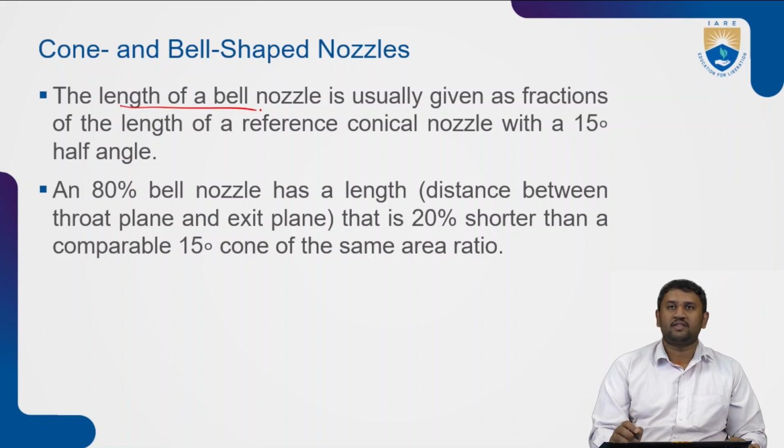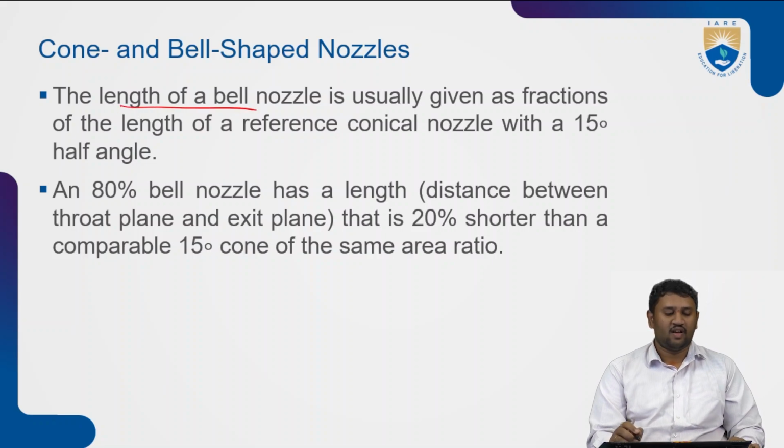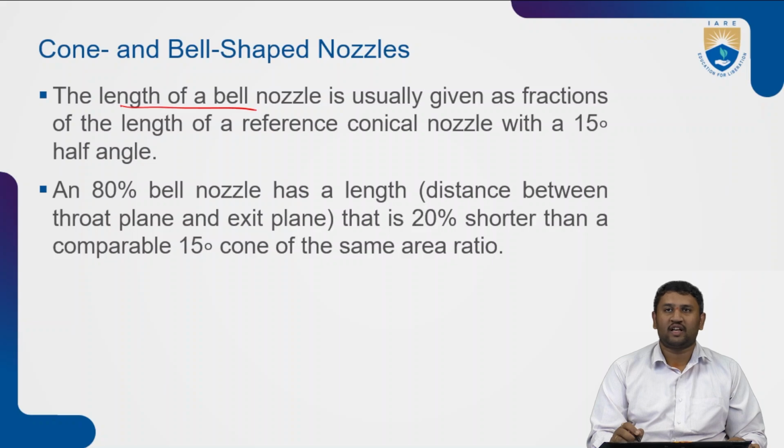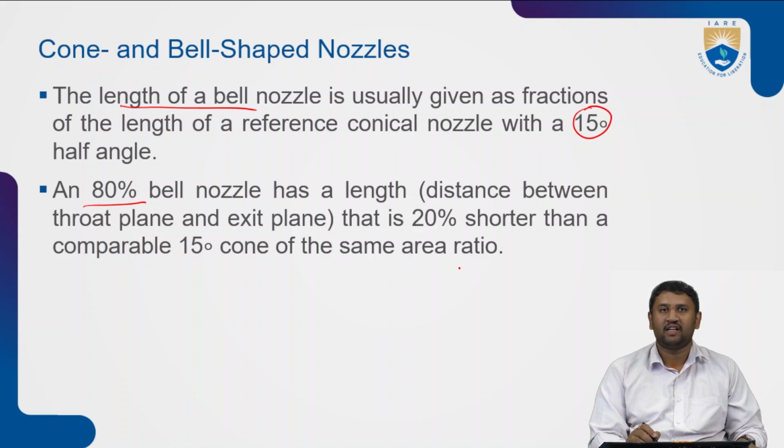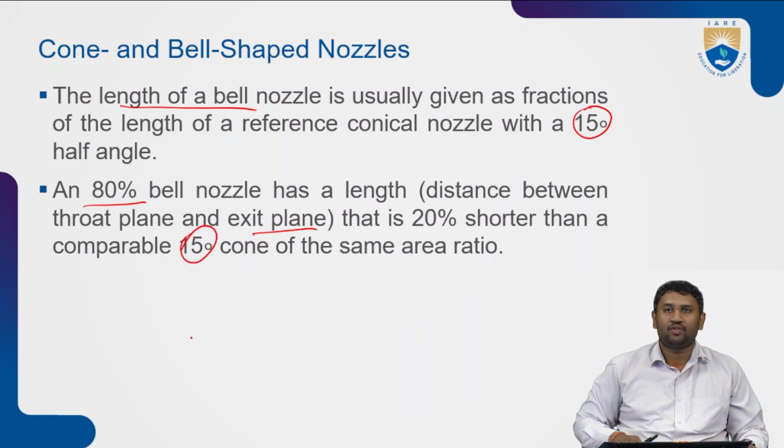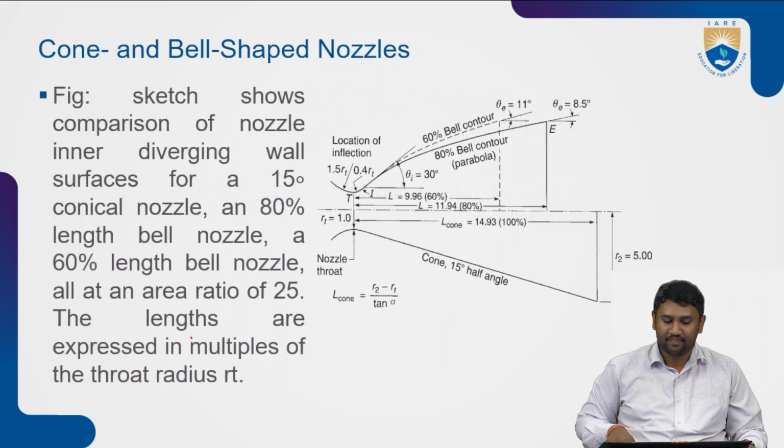The length of a bell nozzle is usually given as a fraction of the length of the reference conical nozzle with a 15-degree half angle. An 80% bell nozzle has a length between the throat plane and the exit plane that is 20% shorter than a comparable 15-degree cone of the same area ratio.